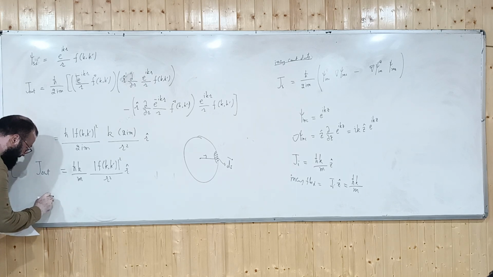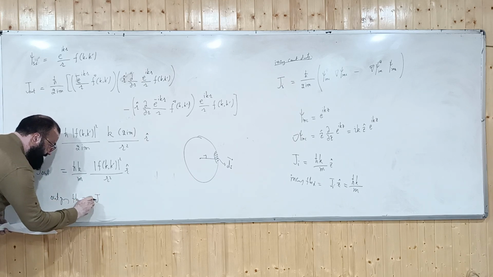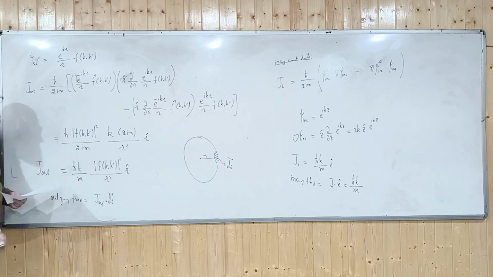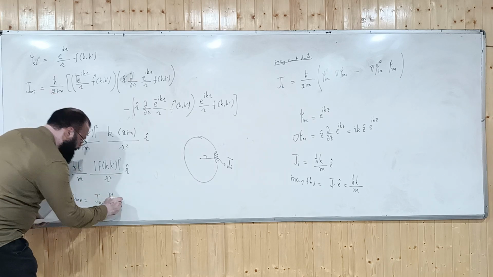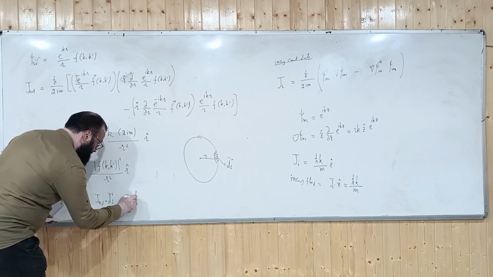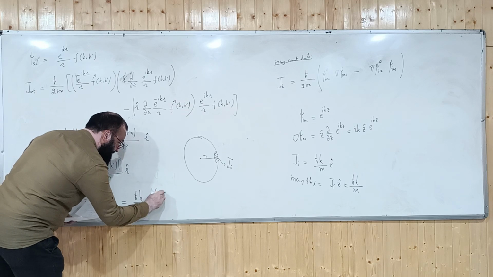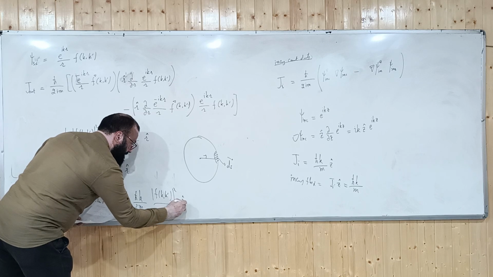So what is now the outgoing flux? It will be simply J out dot dS. Clear? Got it? Okay. So now when you have r dot dS, it is something like this: h cross k by m, mod of f(k, k prime) squared by r squared, times r dot dS.